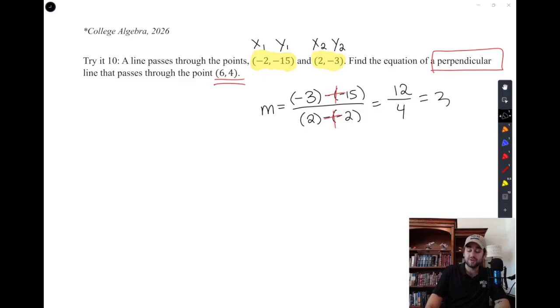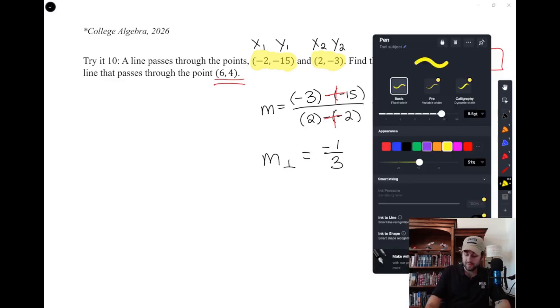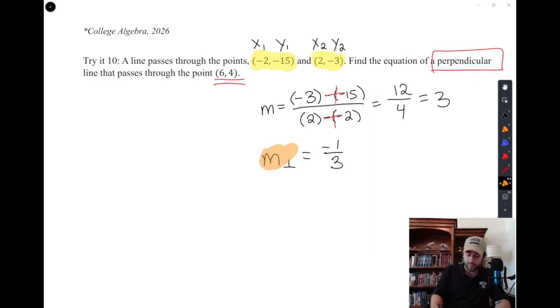And so your original slope was 3. Remember, that was your original slope. I haven't given it one of those little symbols yet, so it's not our perpendicular slope. Our m perpendicular then is a flip. We flip the sign, we flip the fraction. Negative 1 over 3. And now I have a perpendicular slope and a point that it passes through that lies on that line.